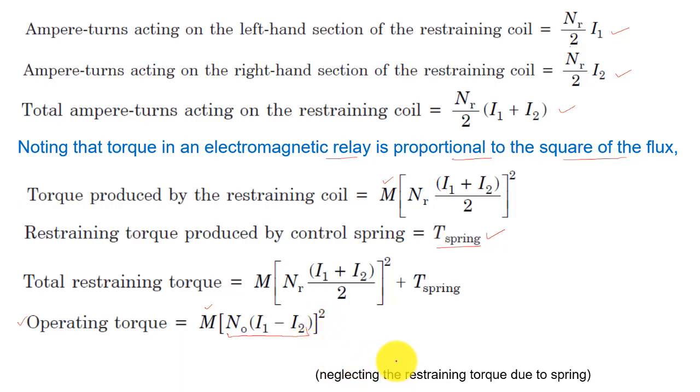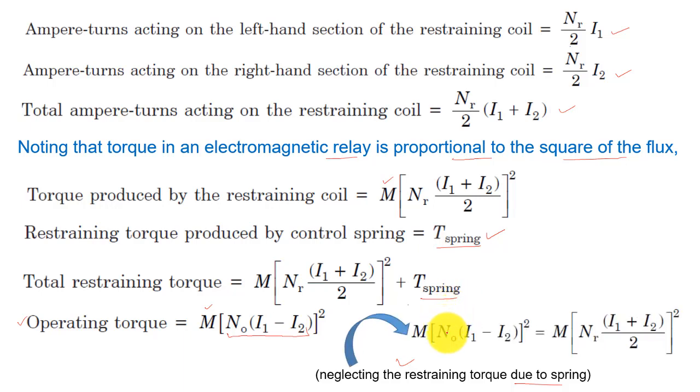Now, suppose we neglect the restraining torque due to the spring. If we equate both equations at the verge of operation, just the starting point of operation, then the operating torque becomes equal to the restraining torque, that is M into NO into I1 minus I2, whole square, equal to M into NR I1 plus I2 by 2, whole square.